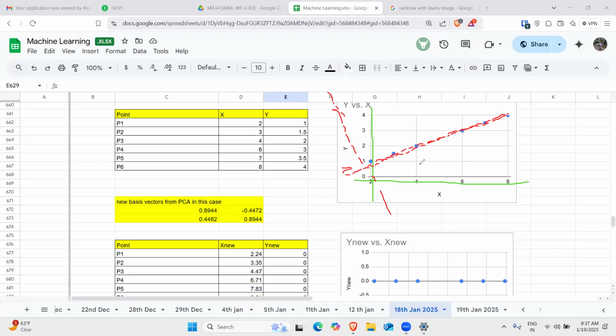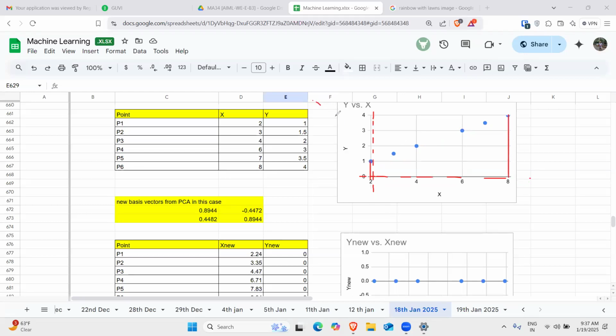So that's what we have. We are just finding the change of basis and the directions of maximum variance. What are directions of maximum variance? See now, if you just project it like this, the variance is this much only, right?